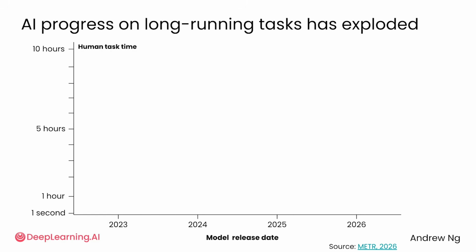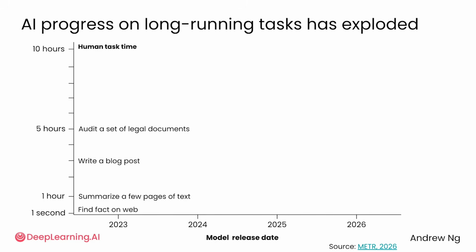So for example, a task like finding a fact on the web may take a human just several seconds. Summarizing a few pages of text may take a human an hour. Write a blog post, a couple hours. Audit legal documents. Explore a complex cybersecurity vulnerability may take a human many hours, and so on.